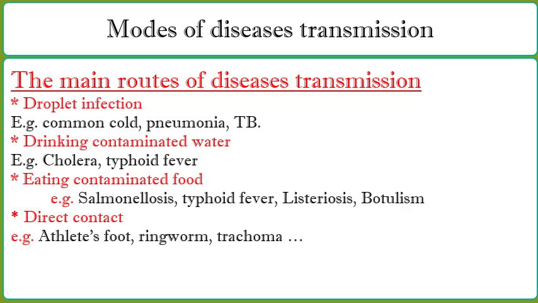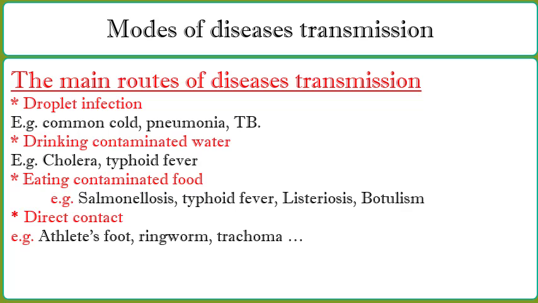This is the mechanism in which waterborne disease passes to a healthy host. The best example, cholera and typhoid fever. The third route is eating contaminated food. This is the way that foodborne disease passes to a healthy host. The best example is salmonellosis, typhoid fever, listeriosis, and botulism.